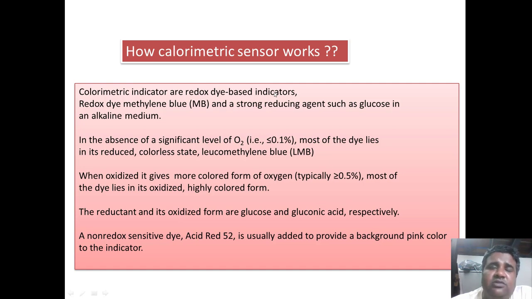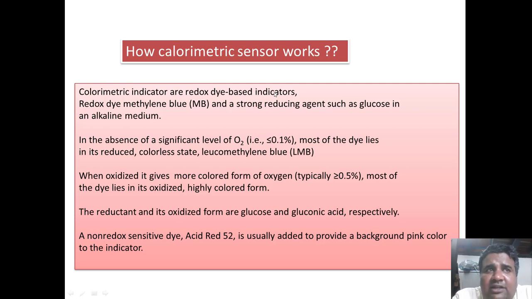In that test we add a dye, and the dye color was blue, and we keep the milk in the water bath, and after some time the dye color fades in some of the milk samples, and in some of the milk samples it persisted.